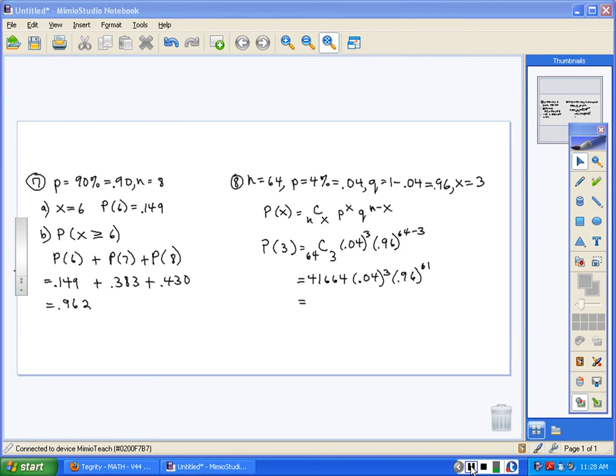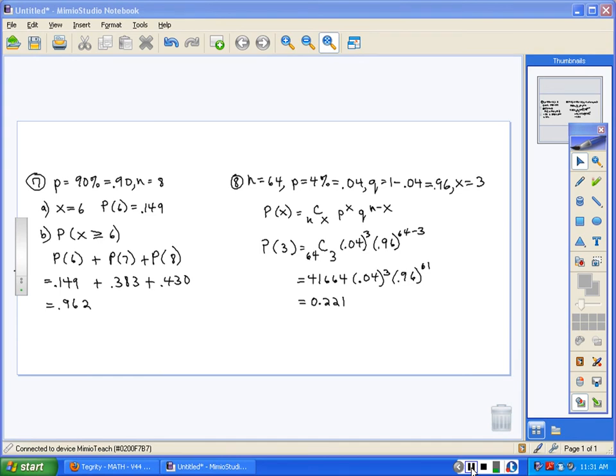The author recommends that, but I disagree with him because frequently the little parts come out in exponential notation. So you've got 41,664 times 0.04 to the 3rd times 0.96 to the 61st power, and the answer comes out to be 0.221.